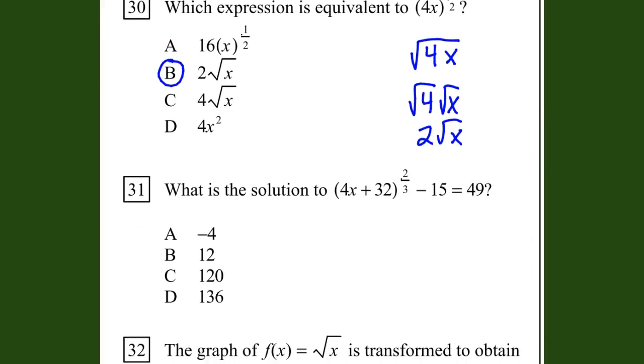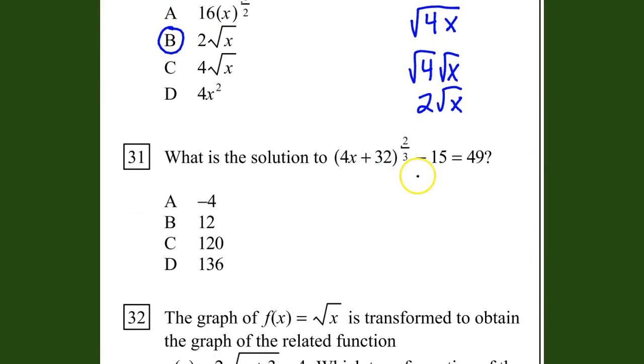Next, let's do some solving equations. So we need to get this part by itself first. Let's add 15 to both sides. There we go. So we have 4x plus 32 to the 2/3 power, and that's going to equal 49 plus 15, which is 64.